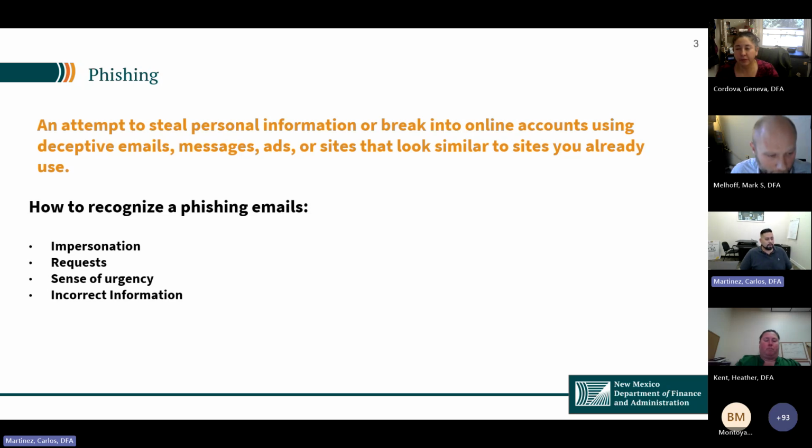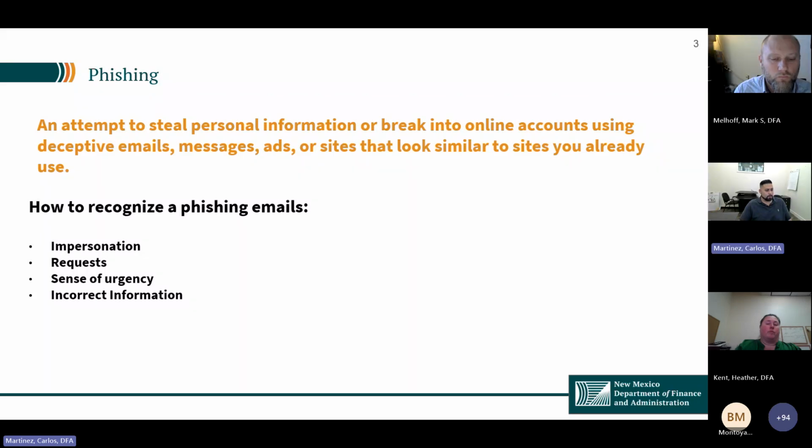Or if you get an email impersonating someone, and we've actually had several of these recently, trying to get you to click on a link to review a document, and it has specific instructions. You'll see some that will actually request for you to verify account information. There'll be some that will request for you to provide information within a sense of urgency.